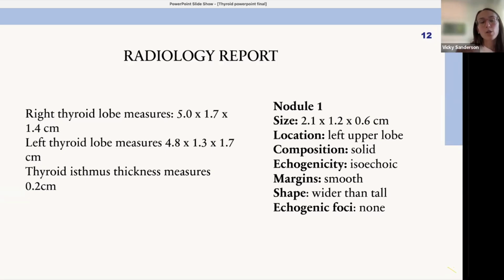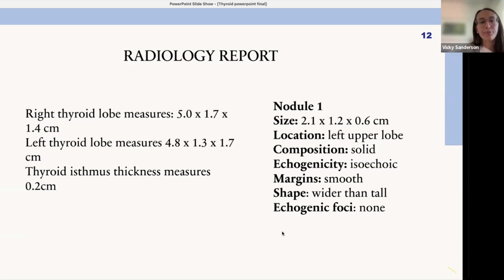We know that cancerous nodules in the thyroid gland are not spongiform or cystic, so we don't have to worry about those nodules. In fact, radiologists will often not comment on those because they're automatically assigned as benign. They'll comment on the size of the nodules, of course, the location, composition, echogenicity, which we'll get into in a minute, margins, shape, and echogenic foci.